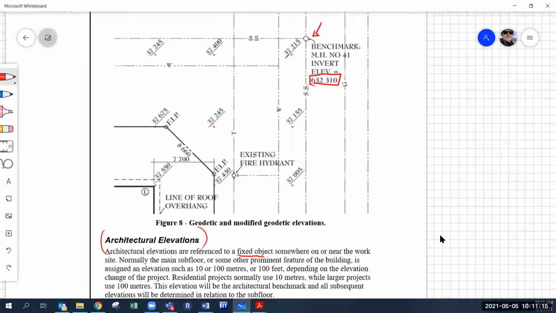So these are modified numbers. They're modified geodetic elevations on here. And this is the elevations of the roads. Okay, is what it is. And then it kind of gives you an elevation of an overhang of a roof, etc. But that's all this is talking about, is just the modified one.